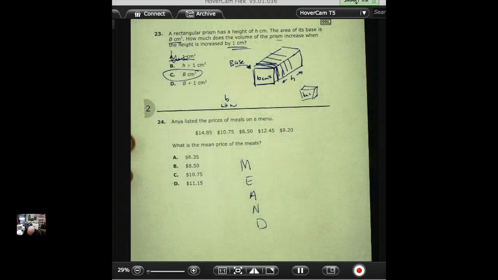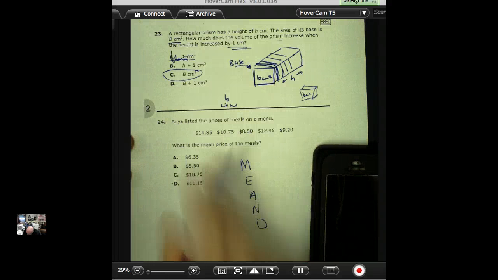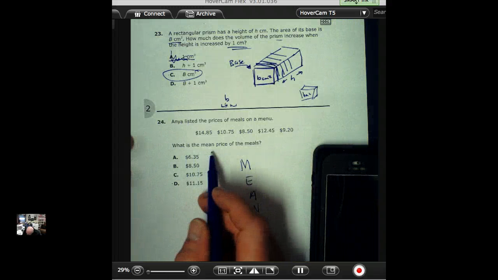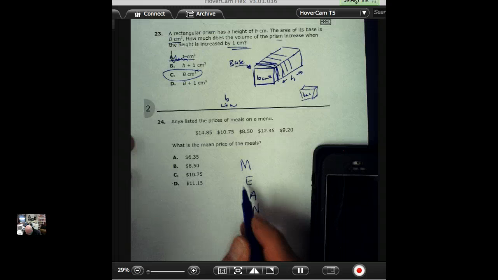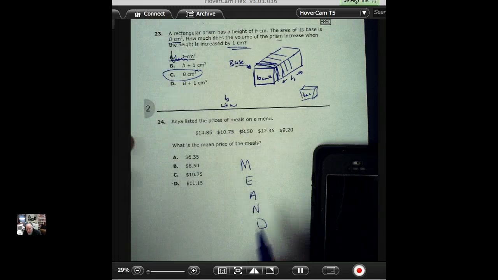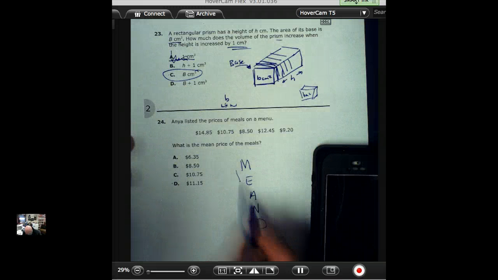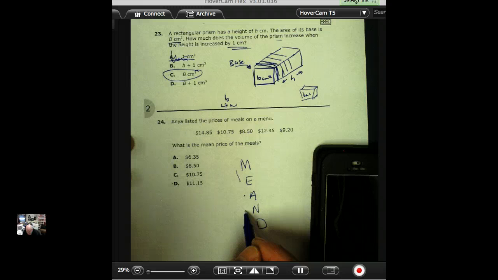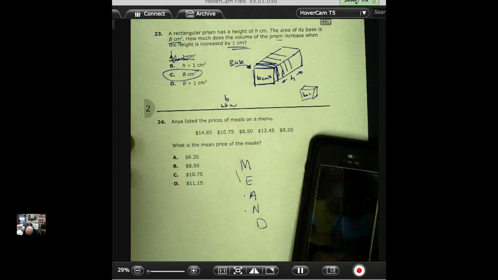All right, Anna listed the prices of the meals on a menu. Here they are. What is the mean price of the meals? Mean means average, and I always think Yoda: me, add, and divide. I always think meaned with a D. So add those guys up and divide by the number of them.